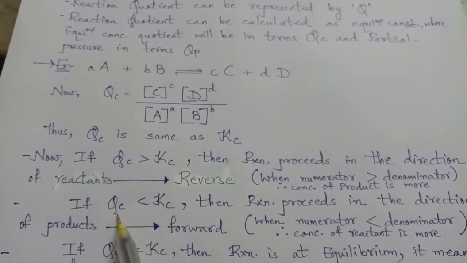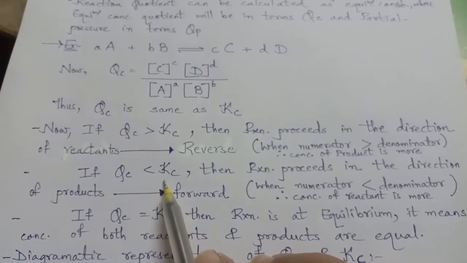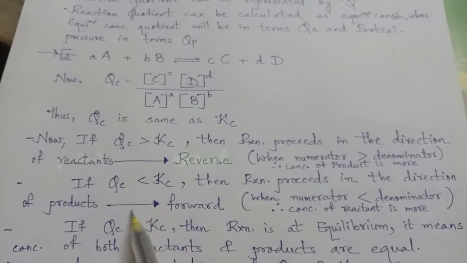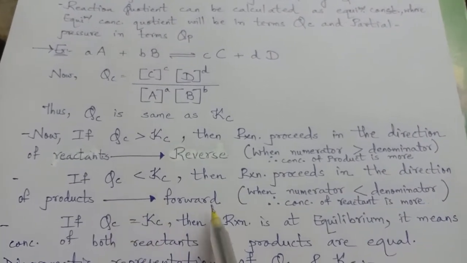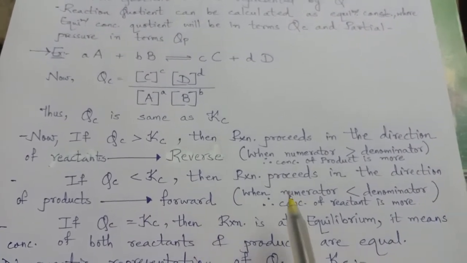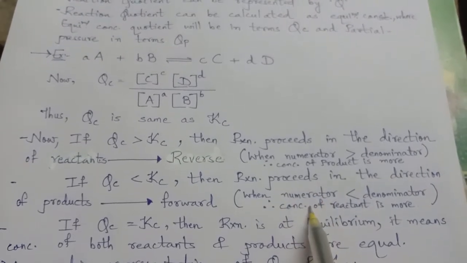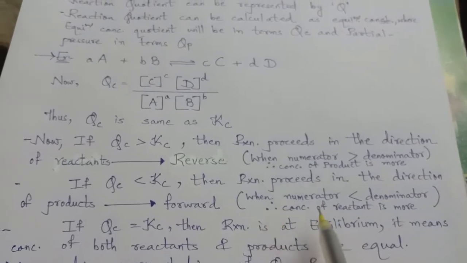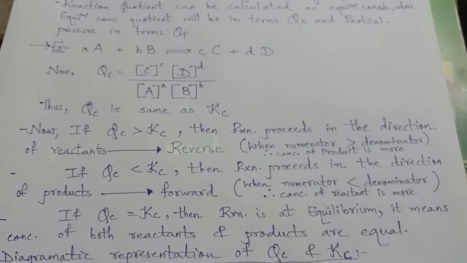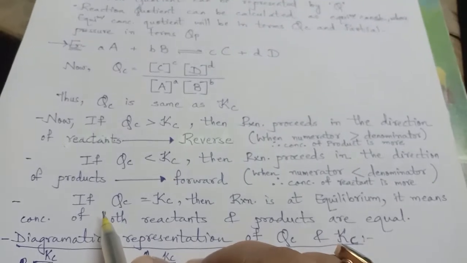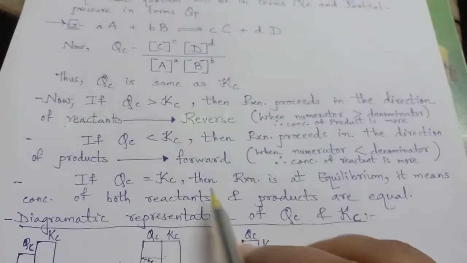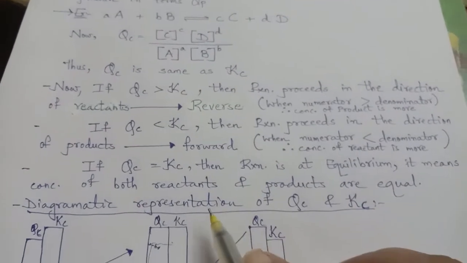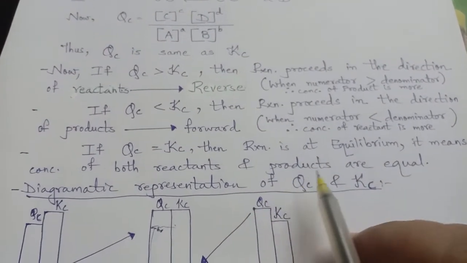And if Qc is less than Kc, then the reaction proceeds in the direction of products, that is, the forward reaction, where the numerator is less than the denominator, therefore the concentration of reactant is more. And if Qc is equal to Kc, then the reaction is at equilibrium.